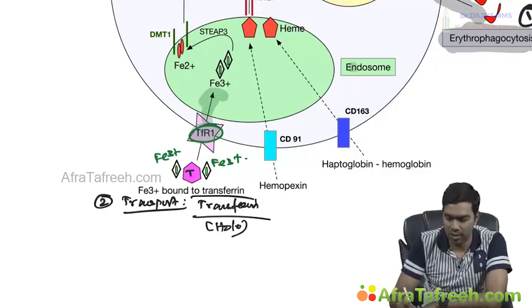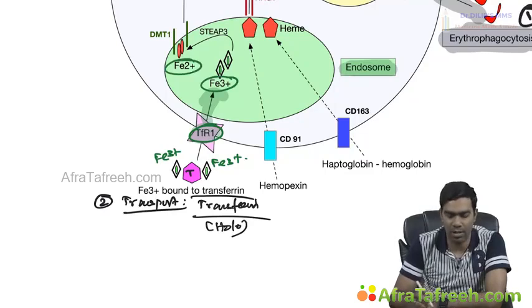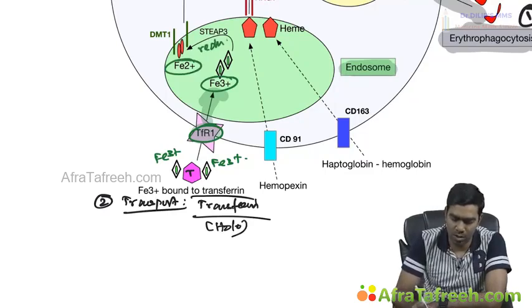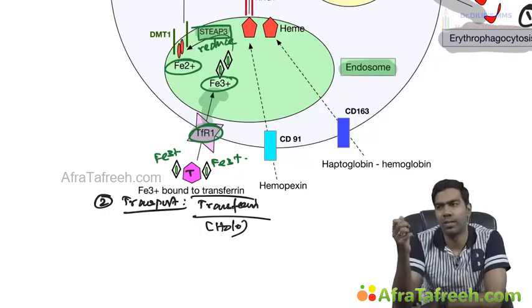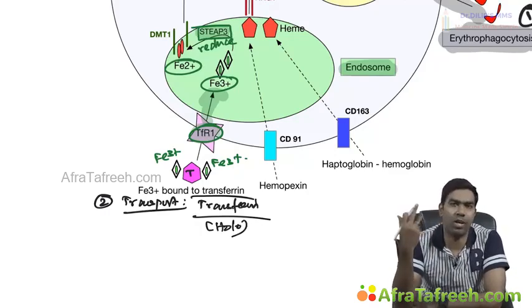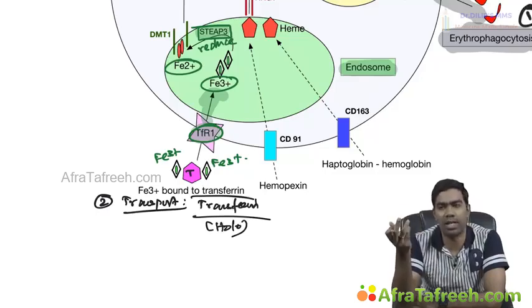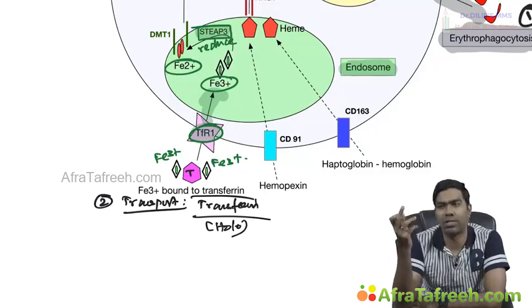So once inside the endosome that is formed, the Fe3+ is converted to Fe2+, which means it is reduced. The STEAP3 enzyme is going to do that here, which is somewhat similar to the cytochrome B ferroreductase enzyme you have seen in the intestinal absorption of iron.